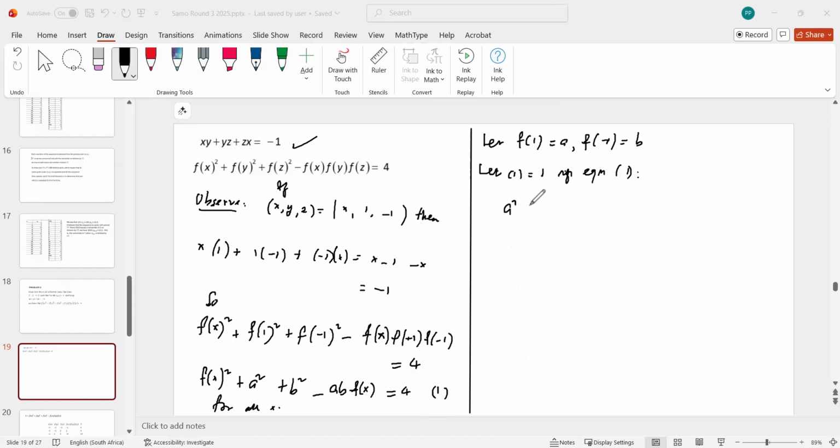So you have a squared plus b squared, and you got minus ab, and f of 1 is a again, and that is equal to 4. So if you simplify this, you got 2a squared plus b squared minus a squared b equals 4.